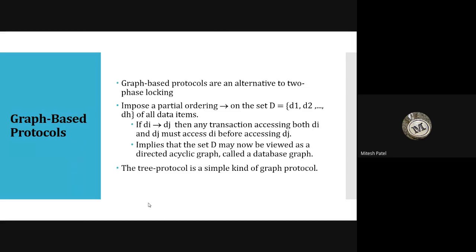Next, graph based protocol. So mathematically you know the graph, some vertices, some edges, and already we have seen the testing for serializability, graph-based protocol. Similarly, it is the alternative to two-phase locking. In that, we have a set D in which D1, D2, up to Dn are data items.